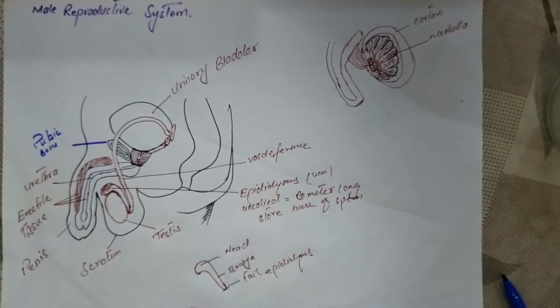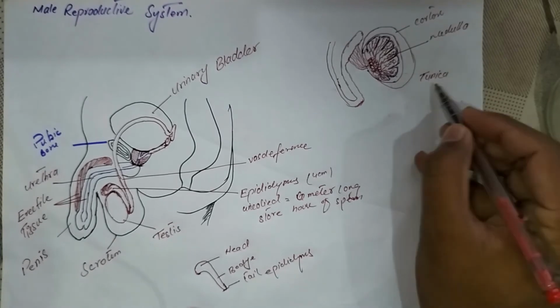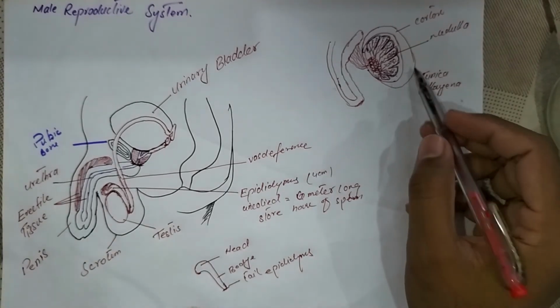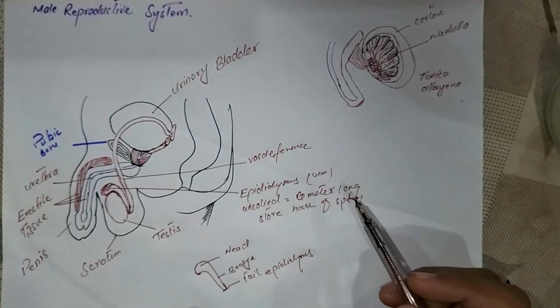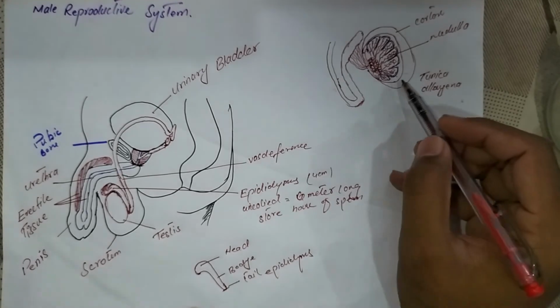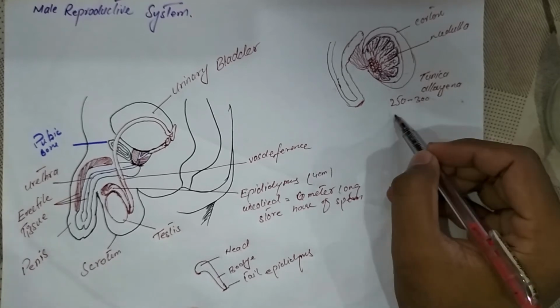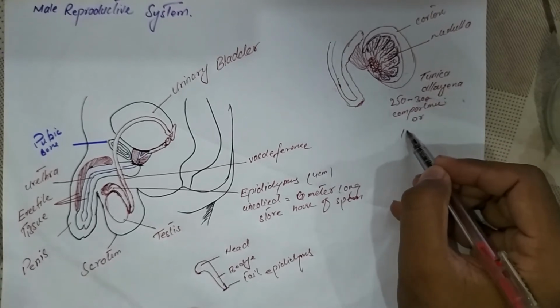The testis is lined by a white fibrous sheath called the tunica albuginea, and from this tunica albuginea, white fibrous septa are given into the testes, which divide it into 250 to 300 compartments. The compartments are lobules.